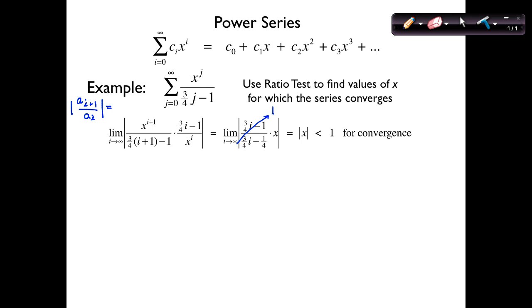So the r value has to be less than 1, and when we solve that, our x is between -1 and 1.